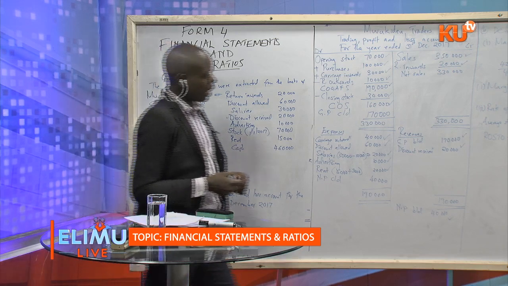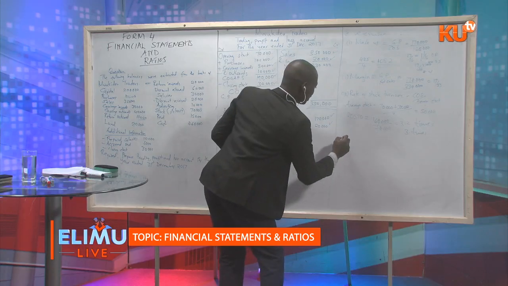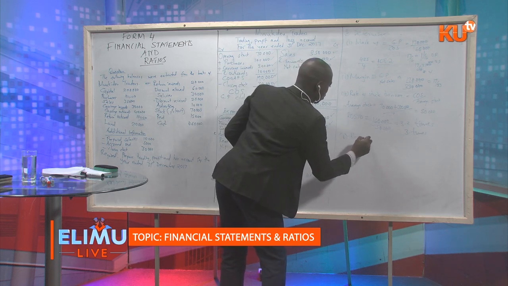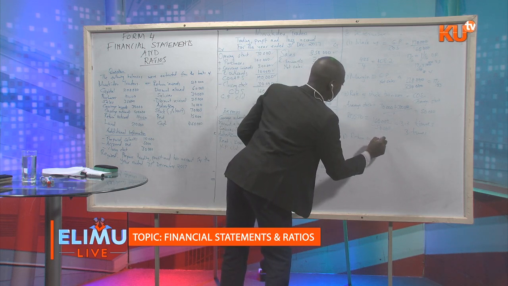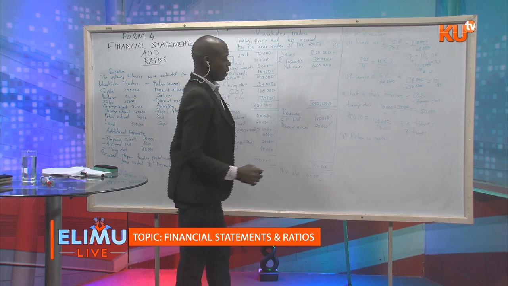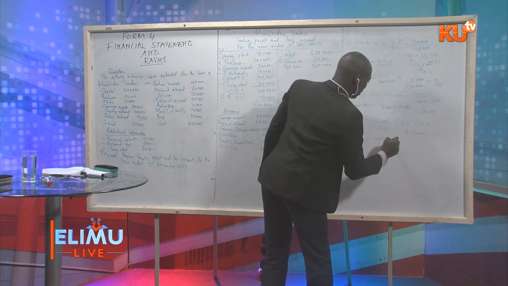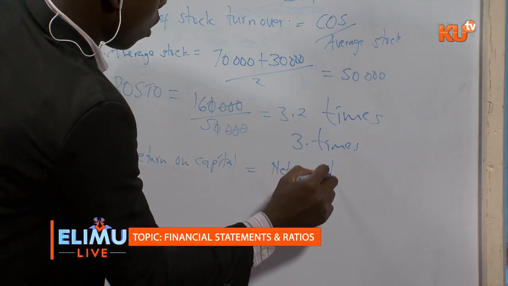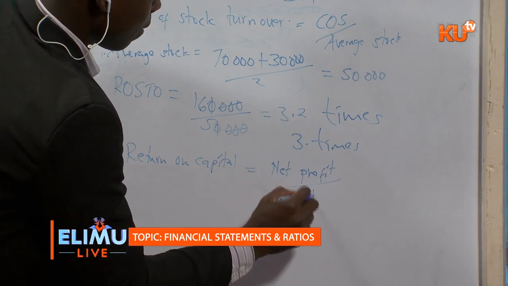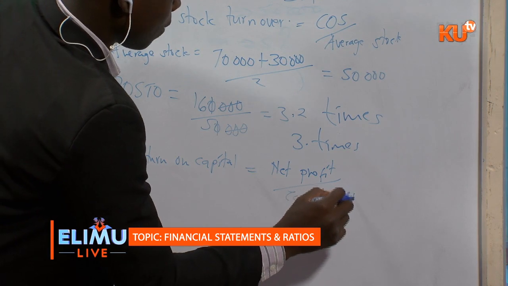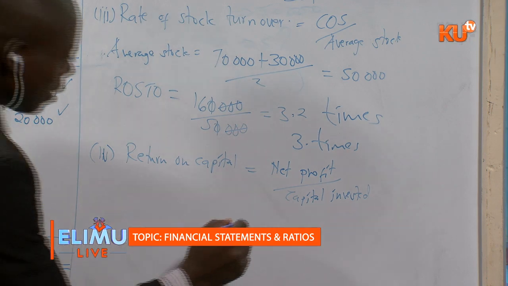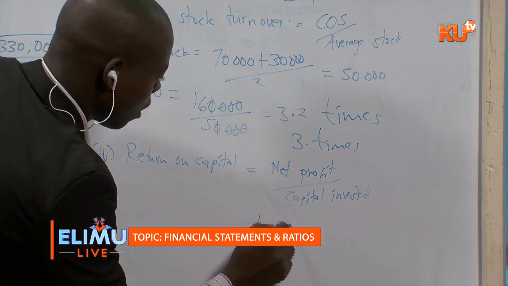Lastly, we can also calculate what we call return on capital. We said return on capital is given by net profit over capital invested. We have our net profit, which is 40. So we write 40,000.